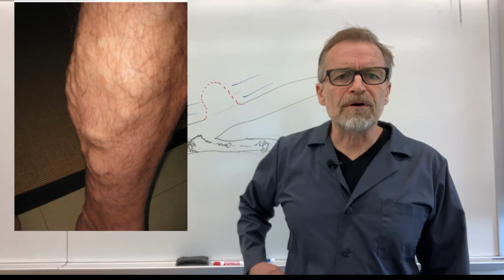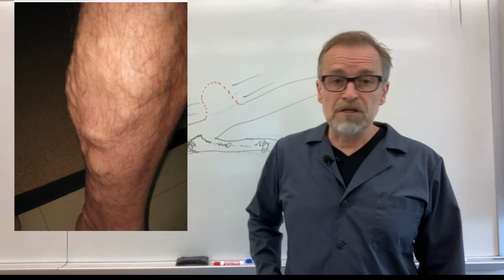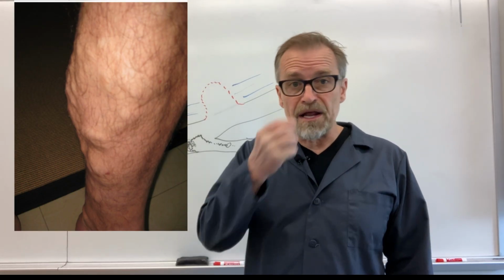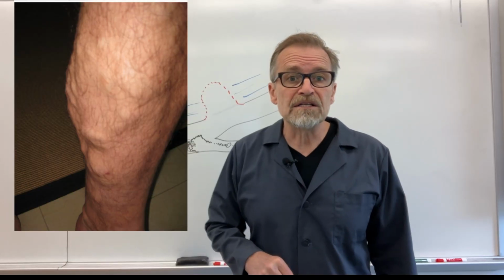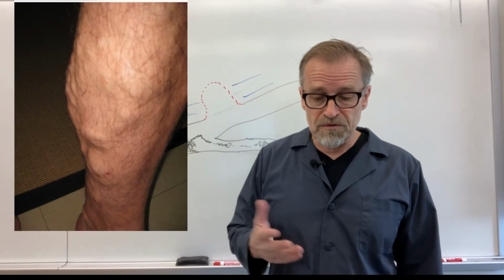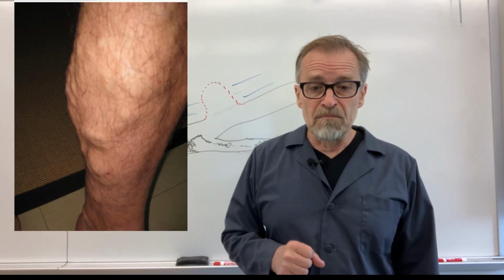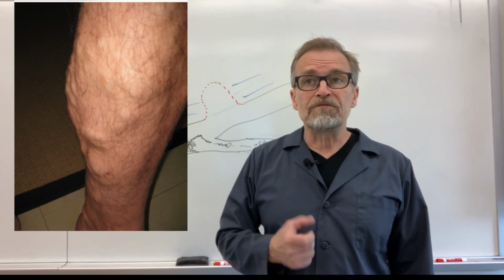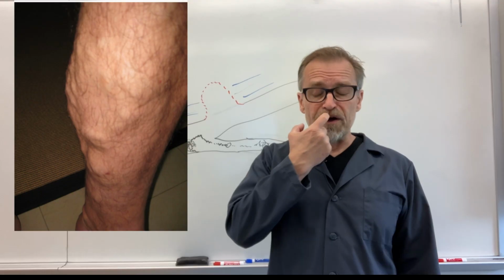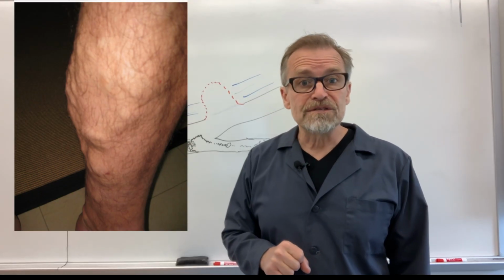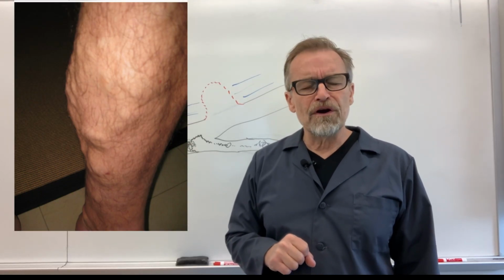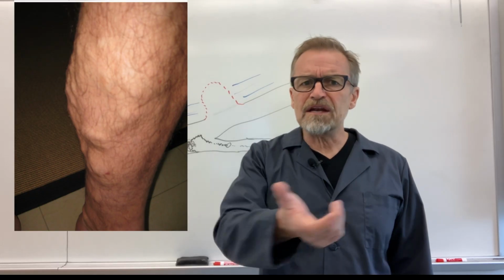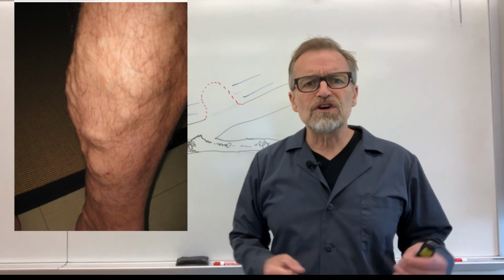This can also happen in other parts of the body. It can happen in the nose, for example, where folks might have very present veins close to the nose's surface. And a couple of varicose veins that are fairly common. One you've probably heard of, hemorrhoids. There are veins very close to the anus, very close to the surface.